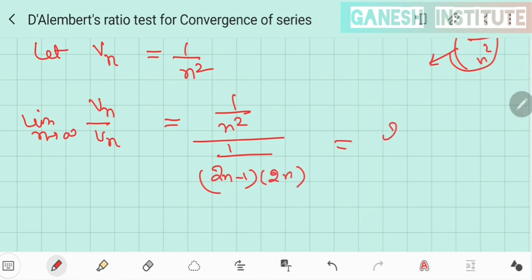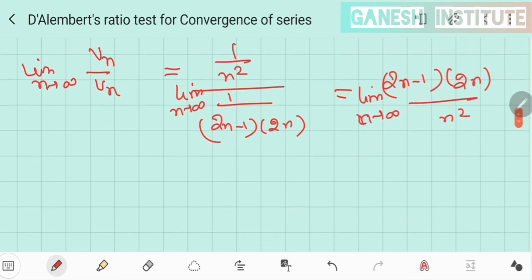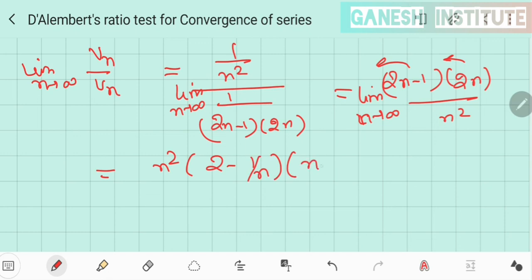So this goes 2n minus 1 2n by n square, and limit n tends to infinity, right? Similarly, you can take n as common from this, n from this, so n square, 2 minus 1 by n, and here only 2, and in denominator n square.